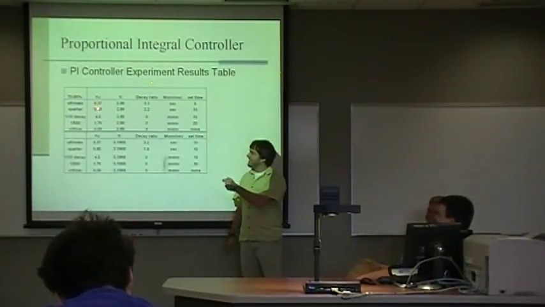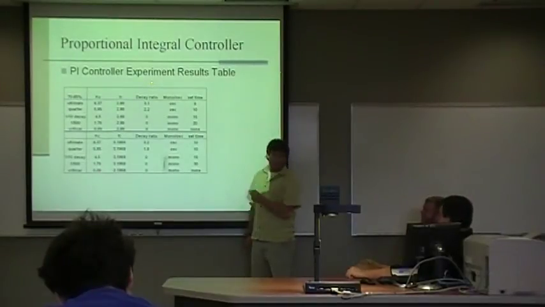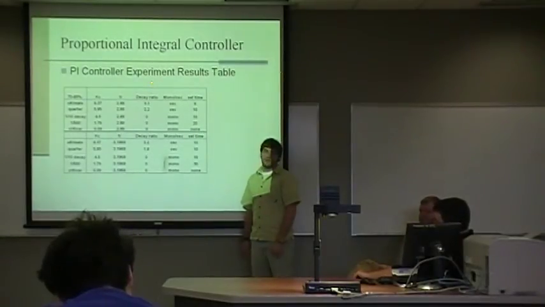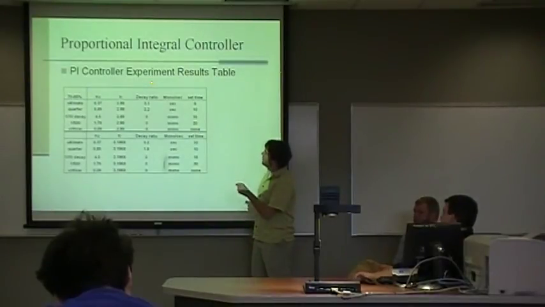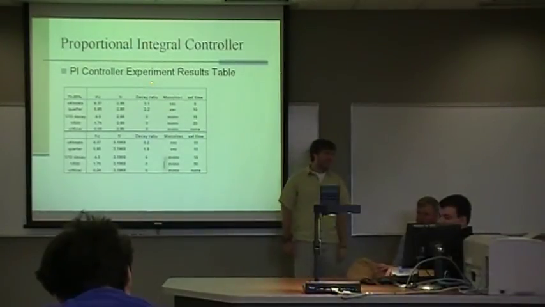Once again, the KCs are exactly the same, but the K ratios were different for the two, and the settling times were very different using the two different approaches. So for the lower TI, you had a much lower settling time. For the higher TI, you had a higher settling time.